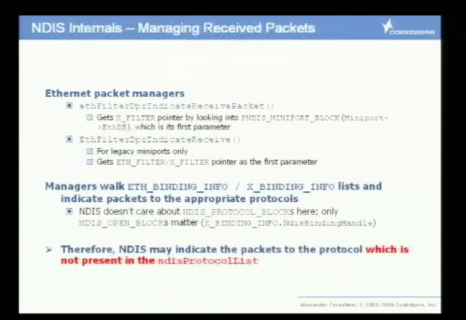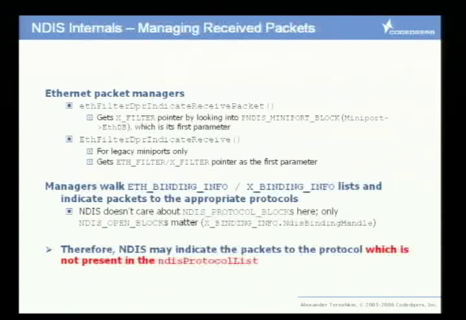And to manage received packets, packet indication code will call these 2 functions, ETH filter DPI indicate receive packet, or ETH filter DPI indicate receive. The second one is for legacy Miniports.